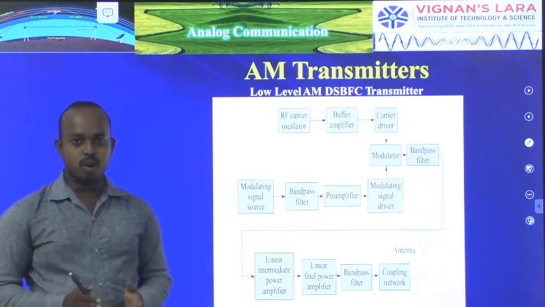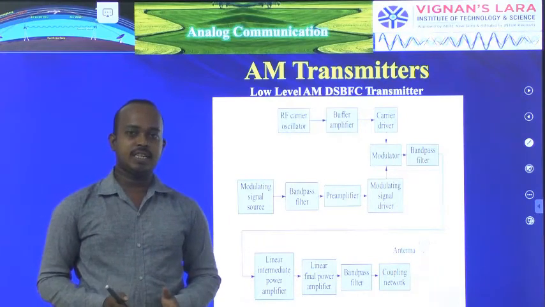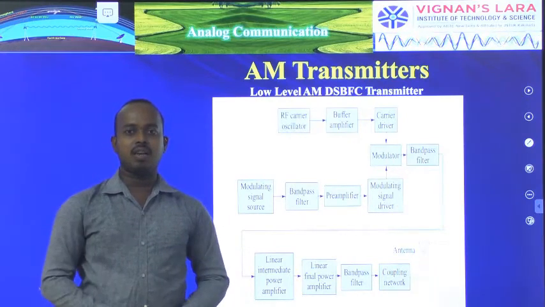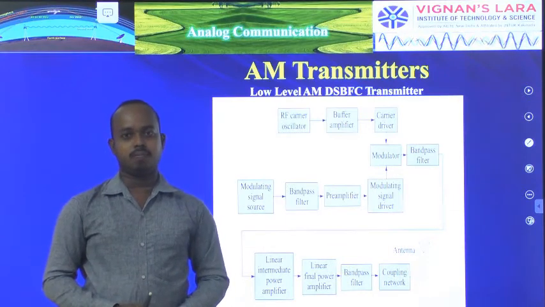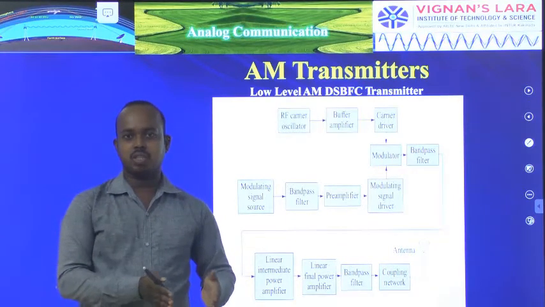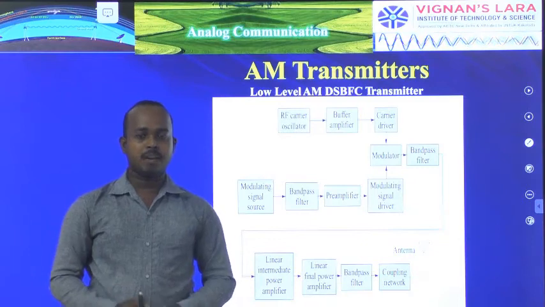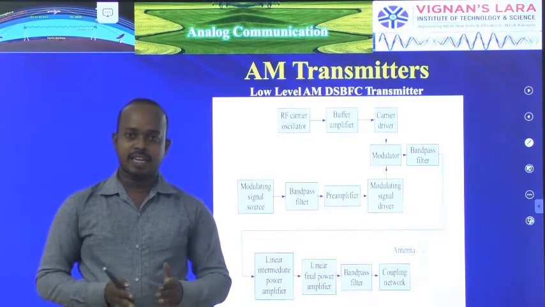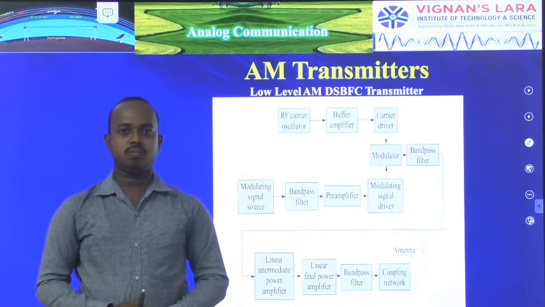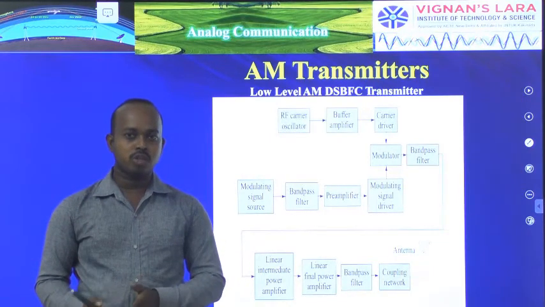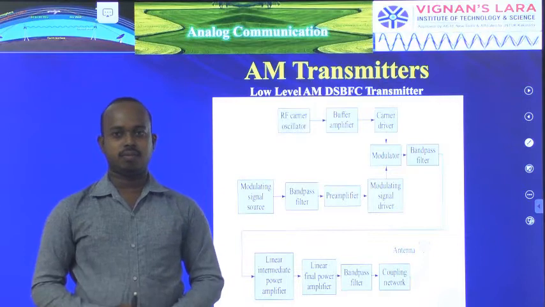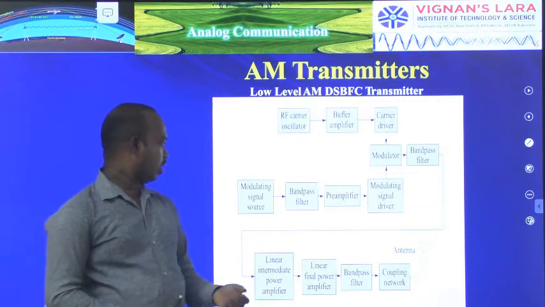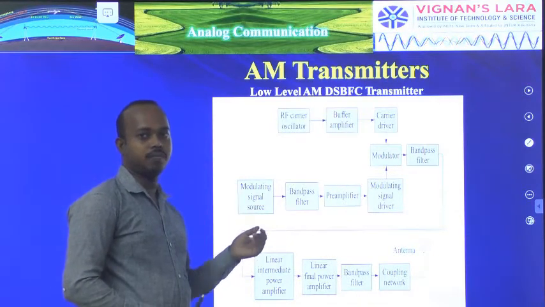For this modulation we need two signals: a weak signal and a strong signal. The weak signal is always audio, our source of information, which is the message. The strong signal is the carrier signal. The message signal is called the modulating signal.